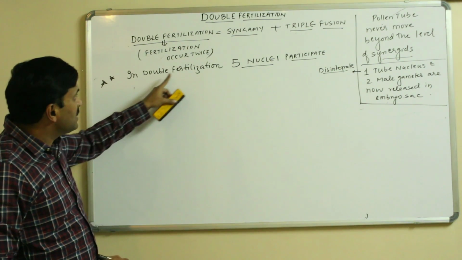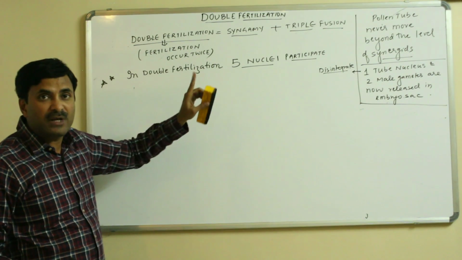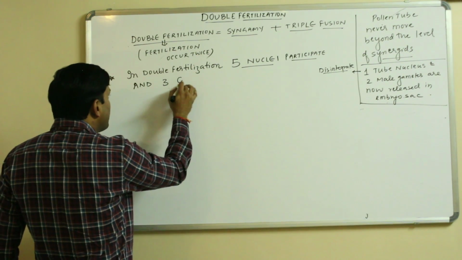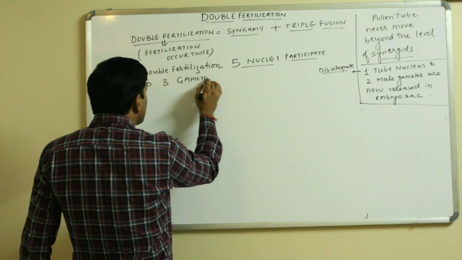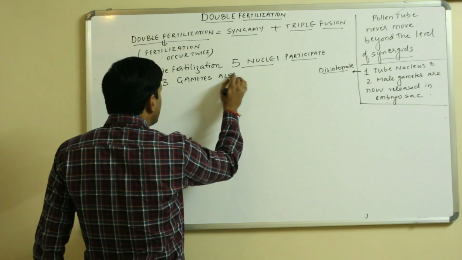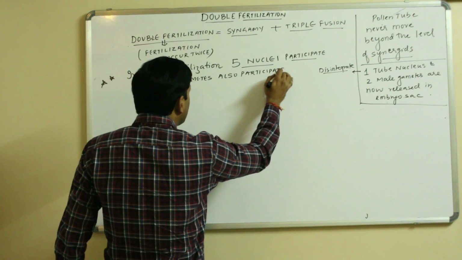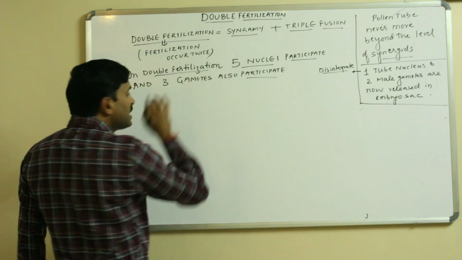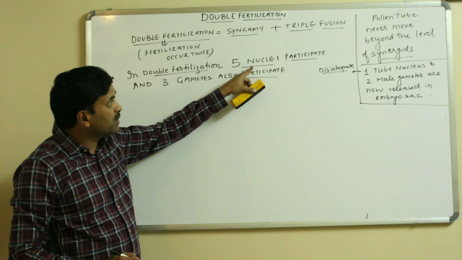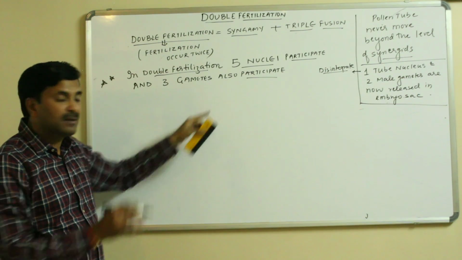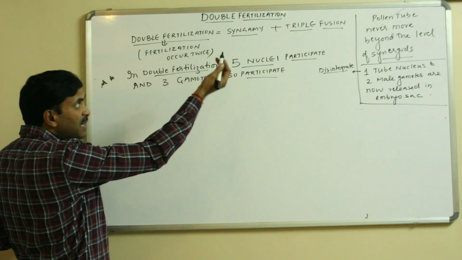In double fertilization 5 nuclei and 3 gametes participate. So always remember, when double fertilization occurs in the embryo sac, a total of 5 nuclei and 3 gametes participate.